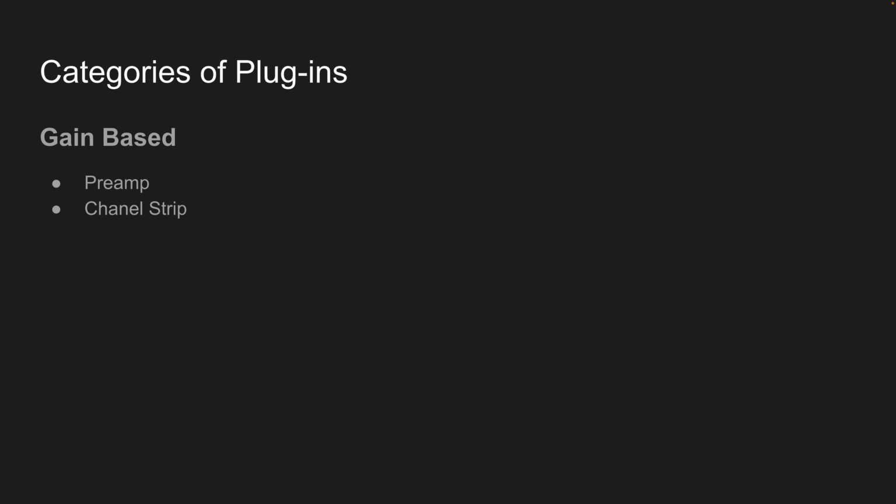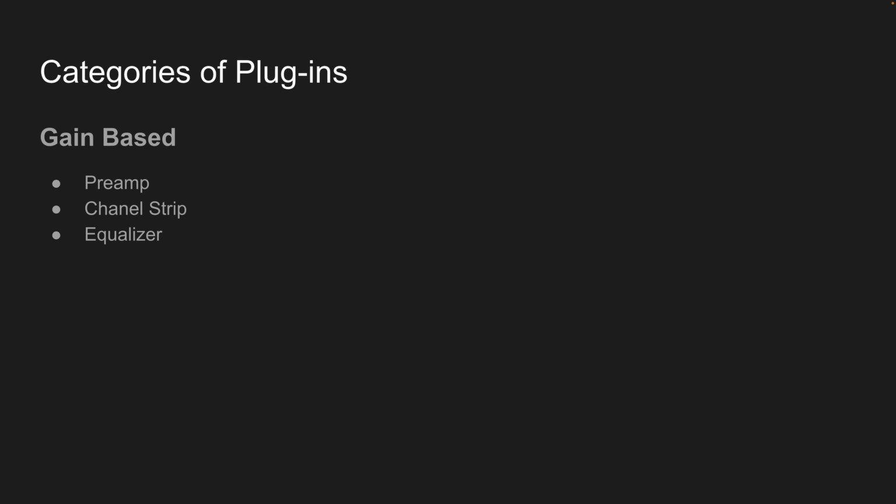These are great plugins. I use the SSL channel strips all the time in my mix, and going through a whole mix with channel strips on everything makes it sound like it has the sound of an SSL mixing console. And there are things to do within it to make some differentiated sounds, but it's just a staple.